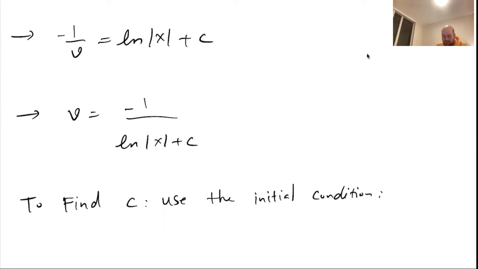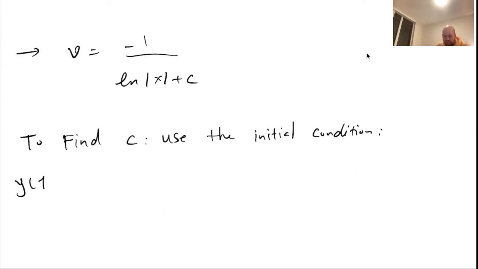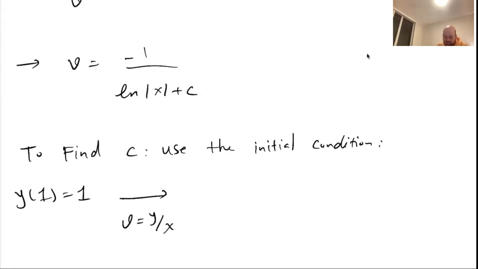What is the initial condition? The initial condition is y of 1 equals 1. And so that means v of 1, where v is y over x, will be y of 1 over 1, which is also 1.